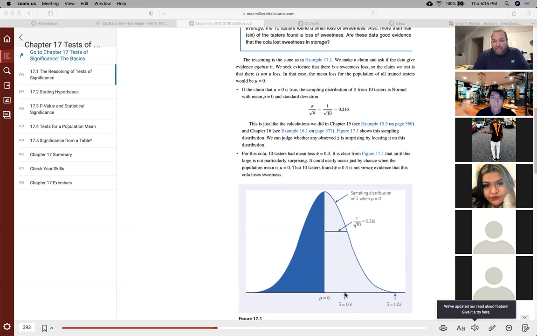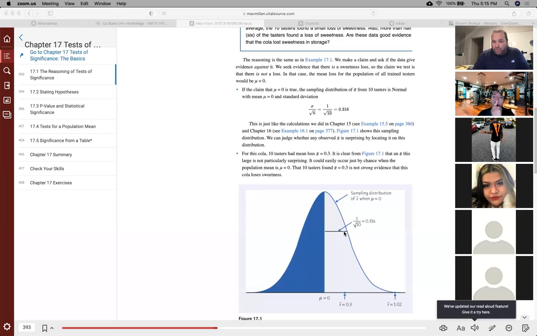Now remember, this is a sample distribution. So the spread is not sigma. The spread is sigma over the square root of n. So sigma is really 0.316, which means our value of 0.3 is just less than 1 standard deviation away from the mean. Agreed?